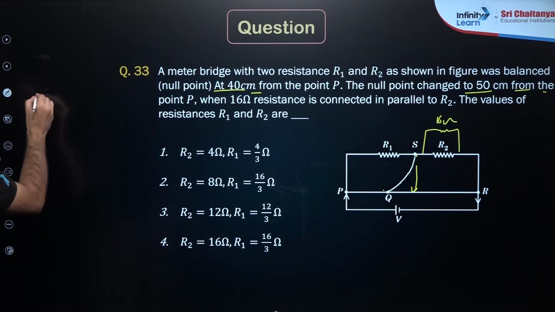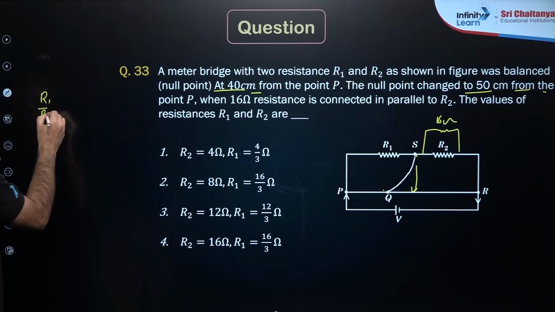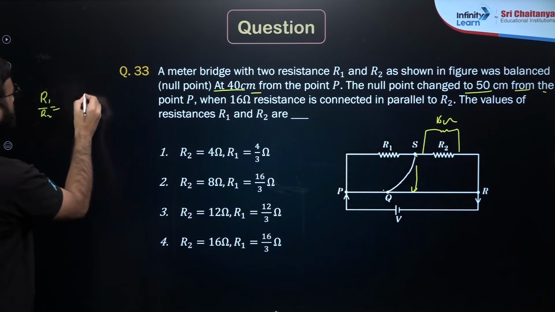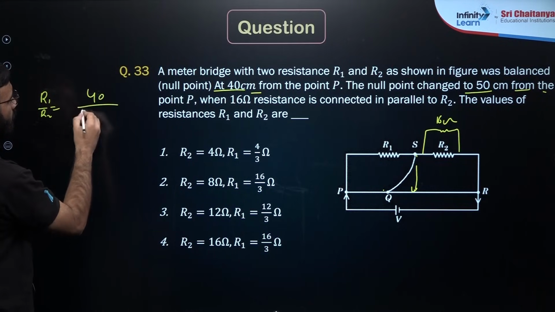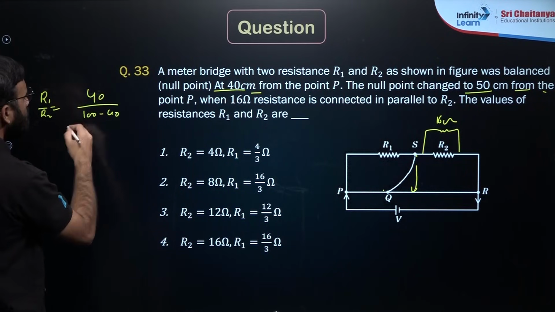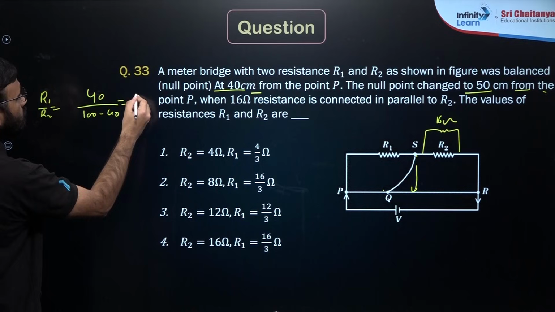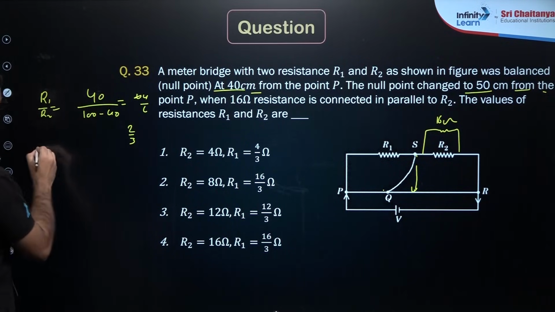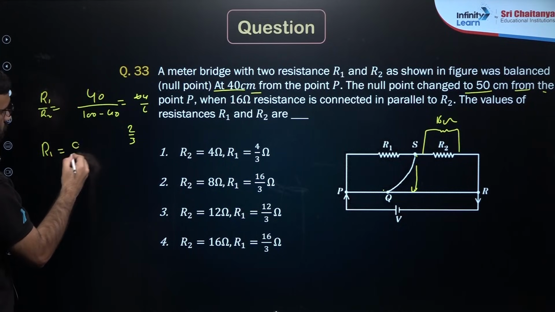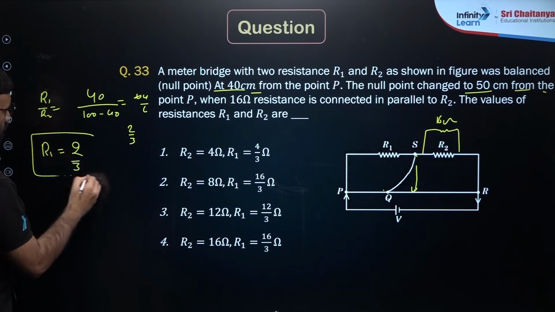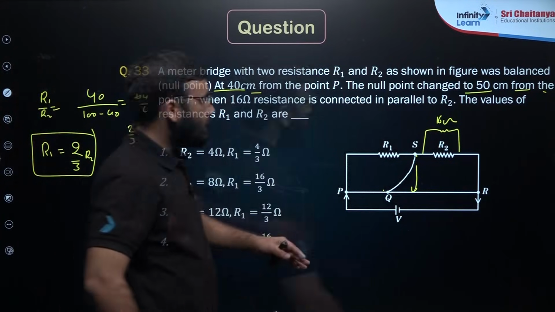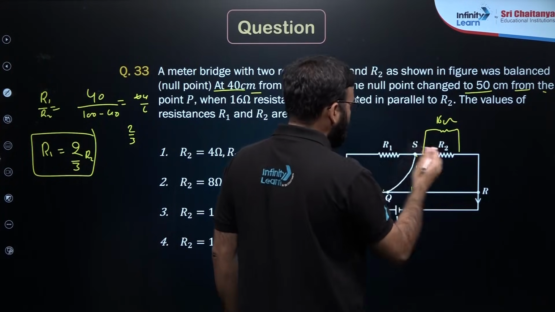R1 by R2: its first null point is at 40 centimeter, so 40, and 100 minus 40 is 60. So 4 by 6, that is 2 by 3. So R1 equals 2 by 3 R2. Okay, first relation. When I connect this 16 ohm, what is my resultant R2?